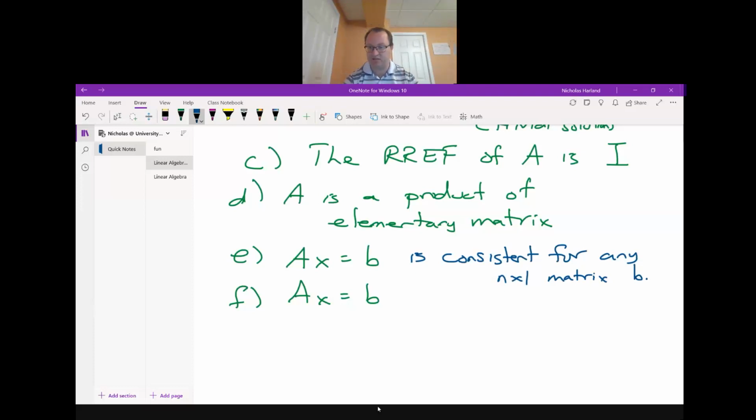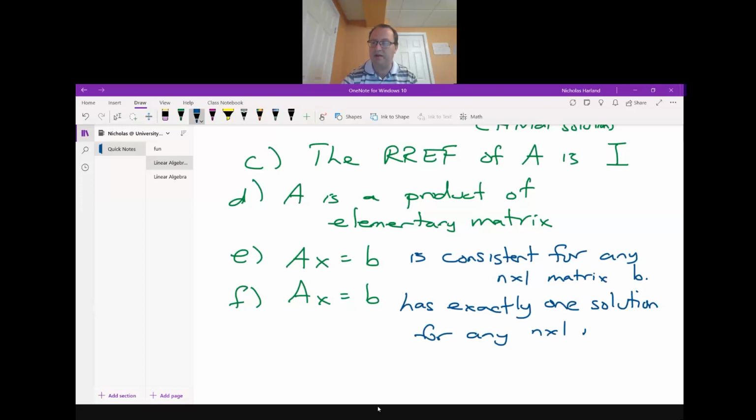So consistent would mean it has a solution. There is always a solution. But we can say even more than that: AX equals B has exactly one solution for any n by 1 matrix B.